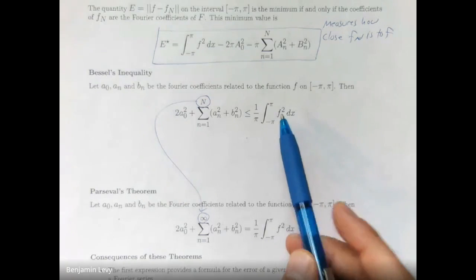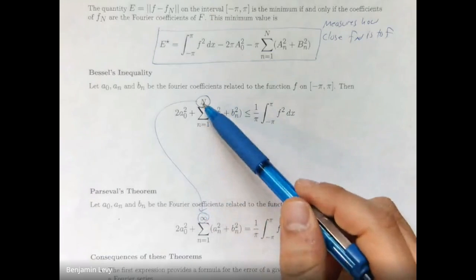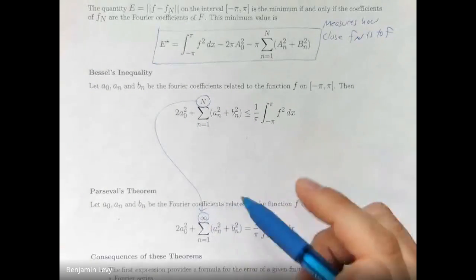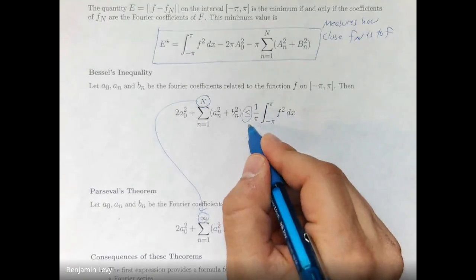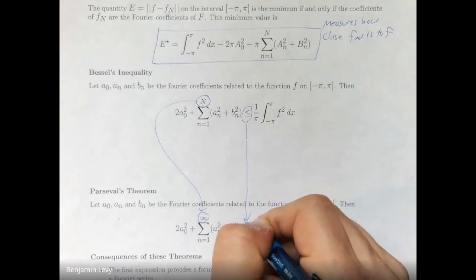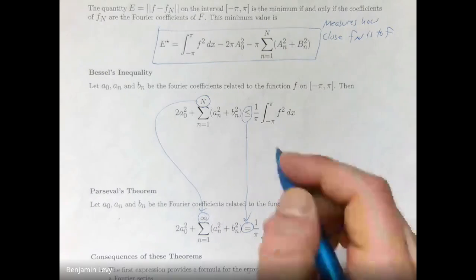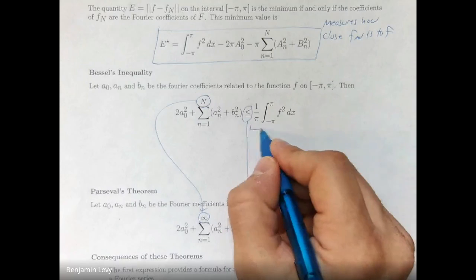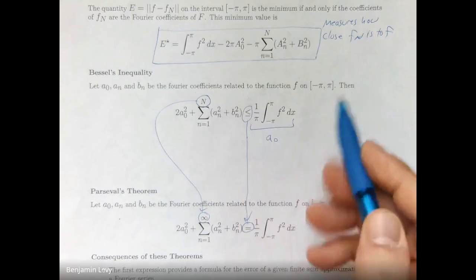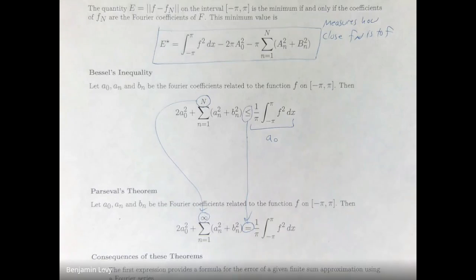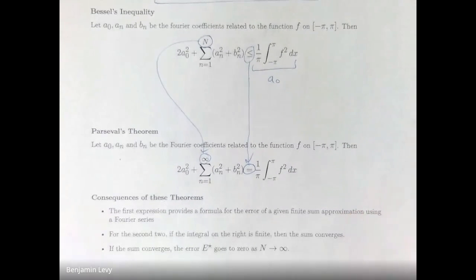But if you let n go to infinity so that this sum becomes infinite, the less than or equal to part becomes equality. And this term on the right here, just to be clear, is a0. You're integrating the function f of x squared from minus pi to pi. That's a0.